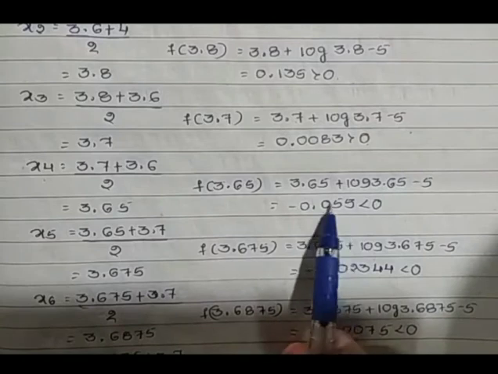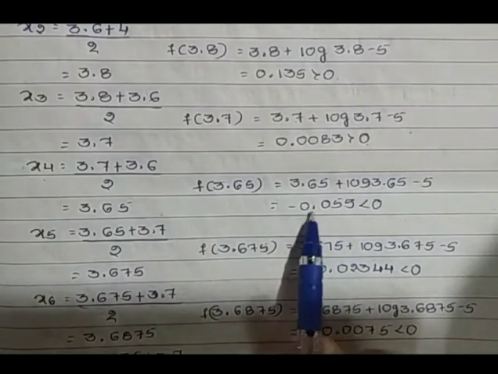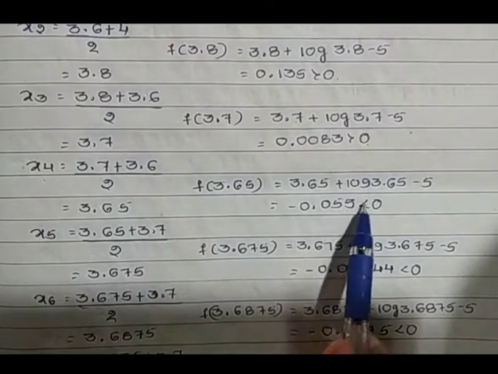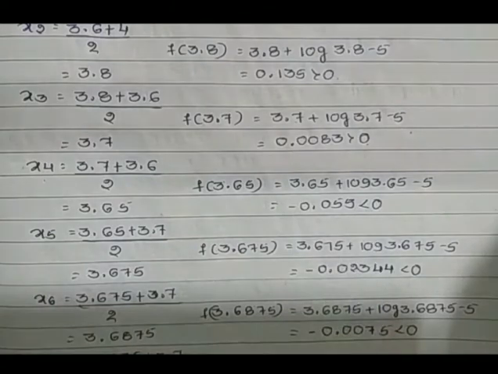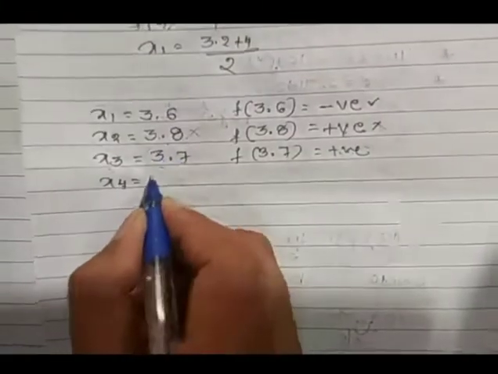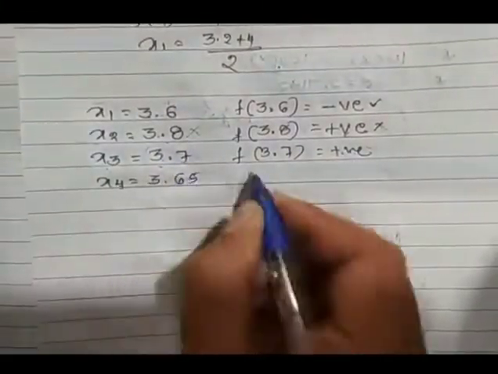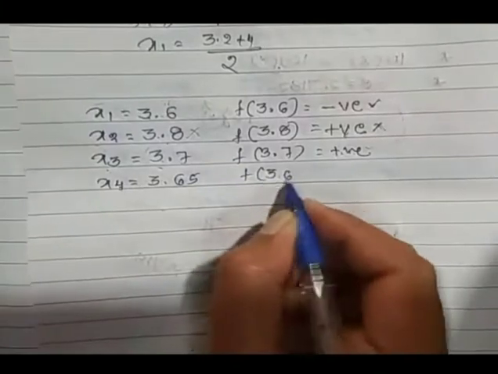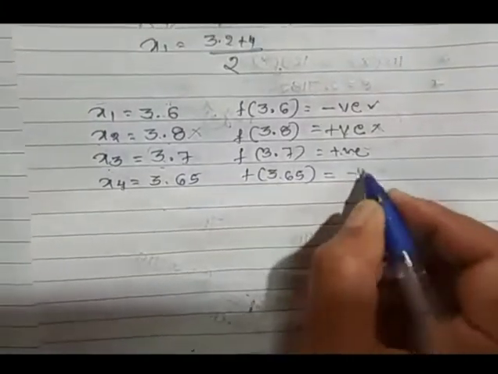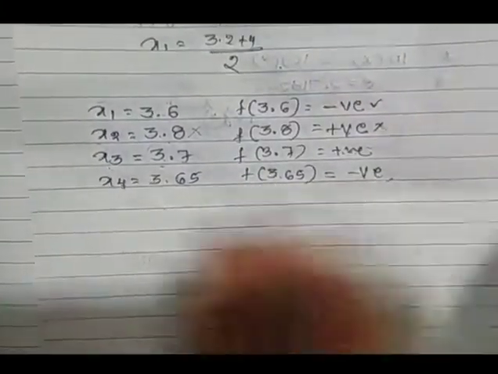Solve it, will get minus 0.055, which is less than 0. So this is x4. So here x4 value is 3.65, and this 3.65 function is giving us negative value.